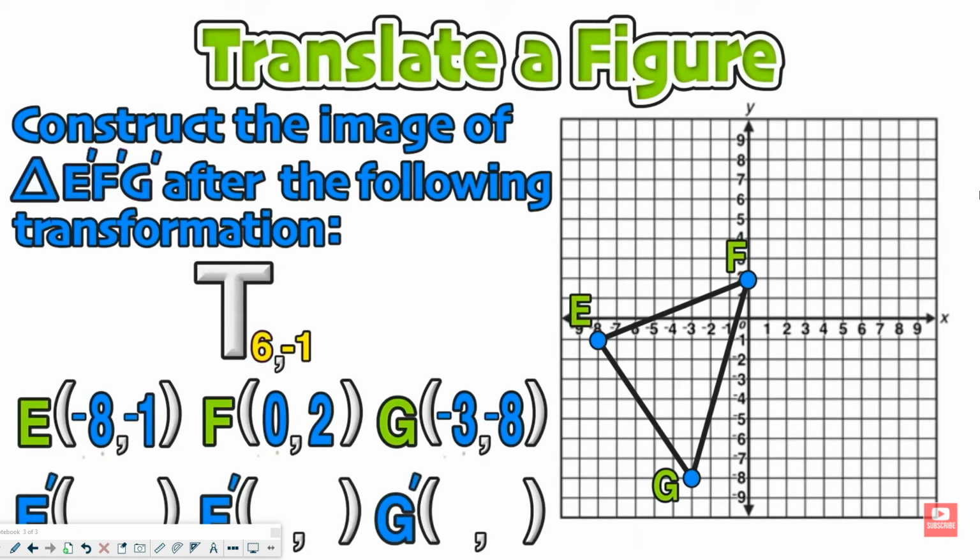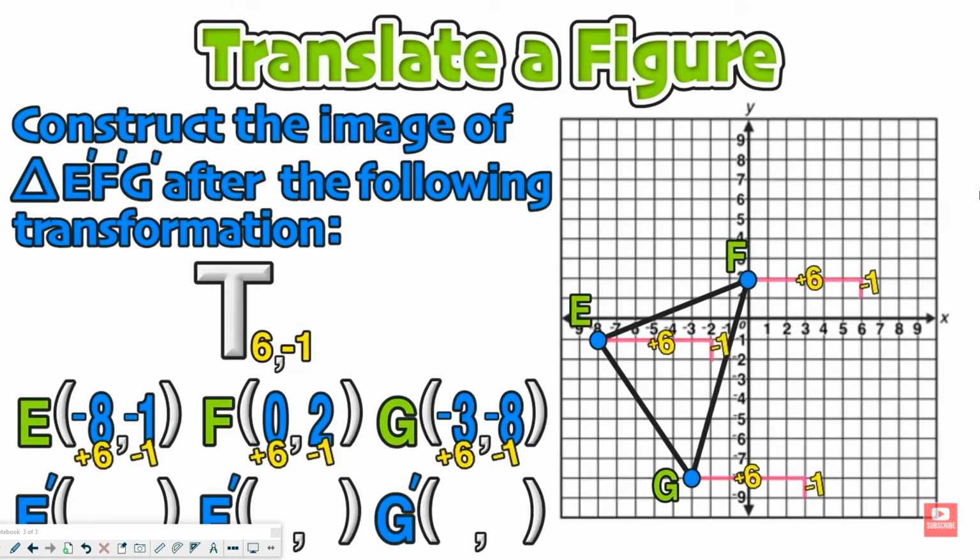The x value is 6, so we're going to add 6 to all of the x values in each coordinate. Positive 6 calls for us to slide 6 units to the right horizontally along the x-axis. Next is the y value of negative 1. We are going to subtract 1 from all of the y coordinates. On the graph, negative 1 means to move down vertically 1 unit along the y-axis.